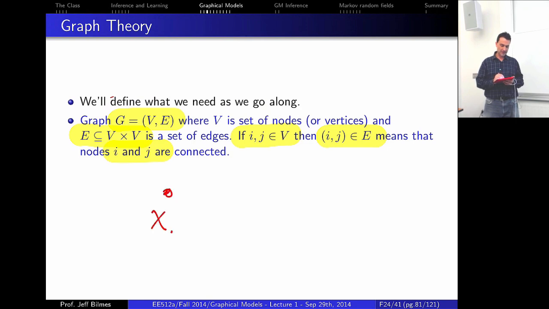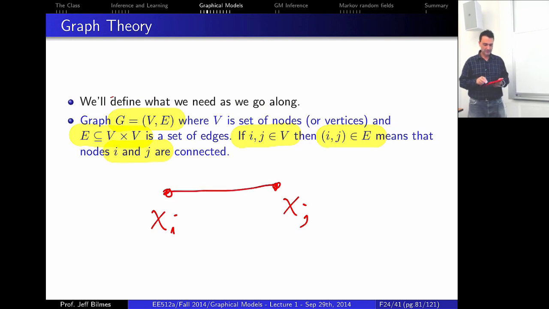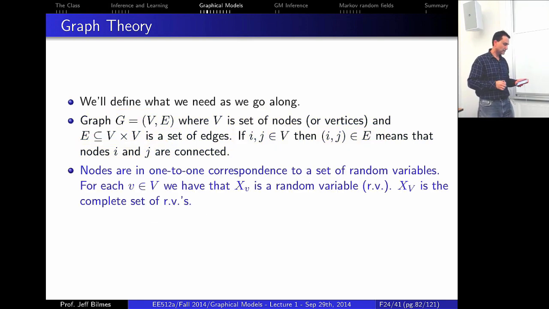This is X of I, and this is X of J, and these guys are connected. That means that edge exists, and this edge is called IJ.